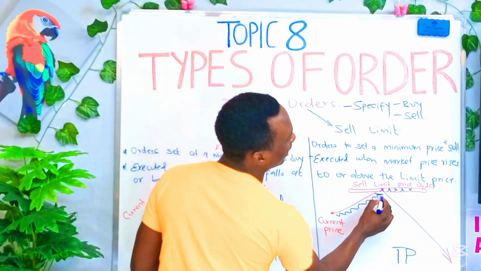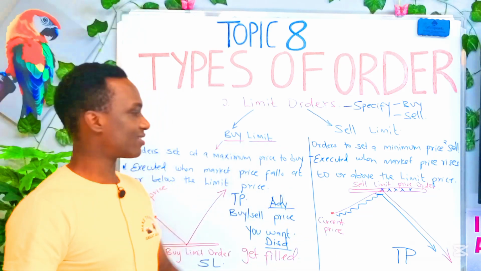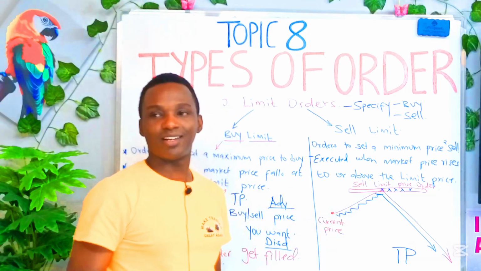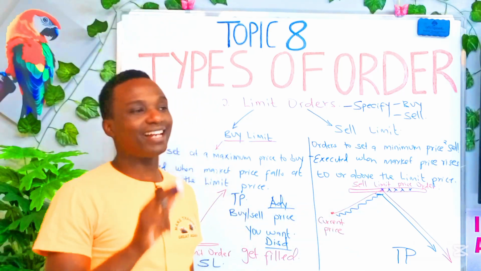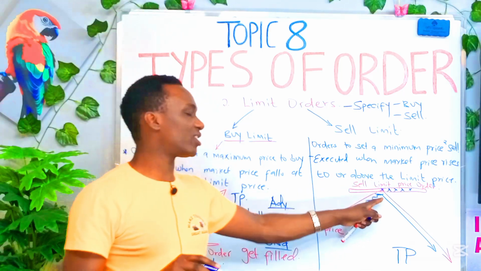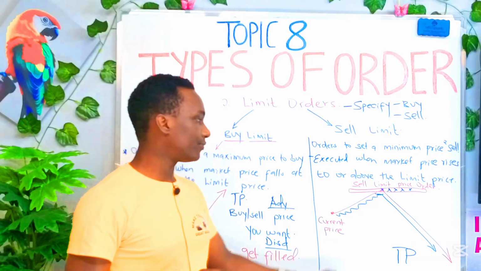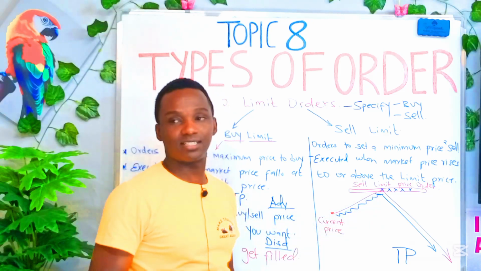It does not fill you in and then it starts selling. So in this case you are not filled. When you come to your chart, this will pain you and it will really affect your psychology if you are not so strong in the markets. So the disadvantage is that you may not get filled.